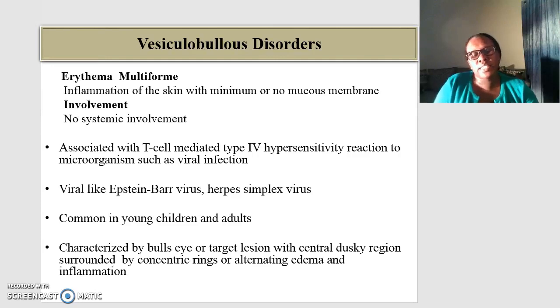It is associated with a T-cell mediated type 4 hypersensitivity reaction, and microorganisms such as viral infections, like Epstein-Barr virus and herpes simplex viruses. It is common in children and adults. It is characterized by a bullseye or target lesion with a central dusky region, surrounded by concentric rings of alternating edema and inflammation.